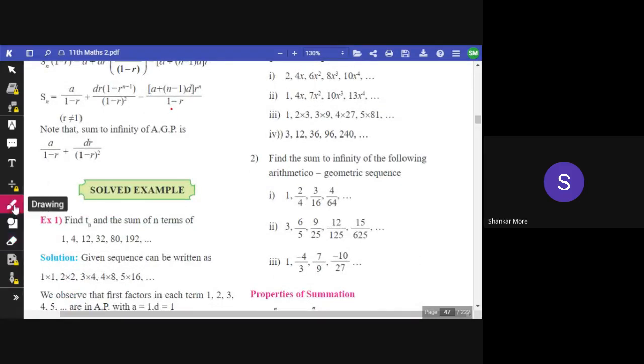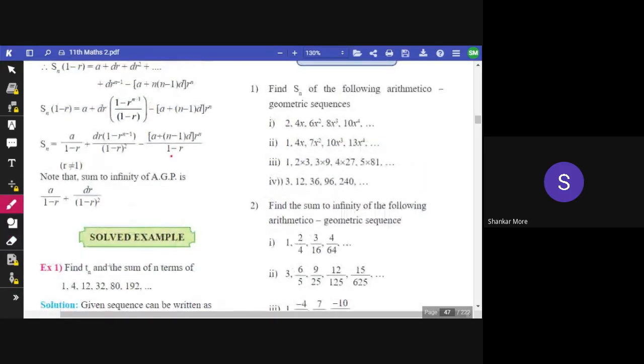Solved example: find Tn and the sum of n terms of 1, 4, 12, 32, 80 and 192. So you find Tn. Try to find it out in your notebook. If you are not able to write it in the chat box, that is also okay, but try to find it out. Try it.